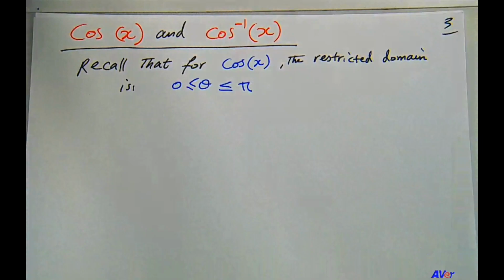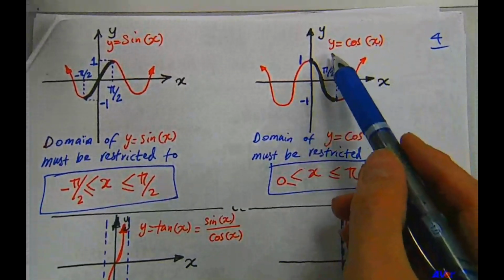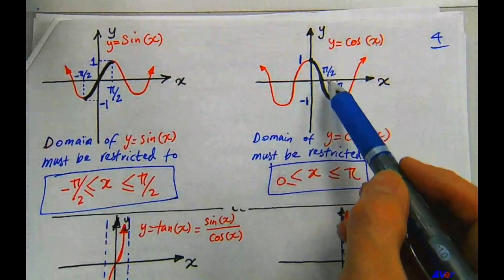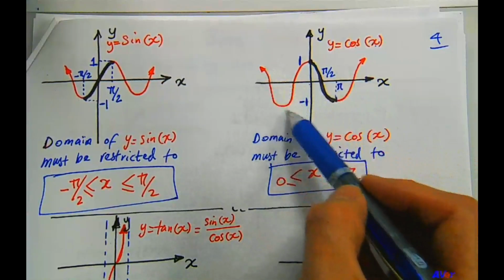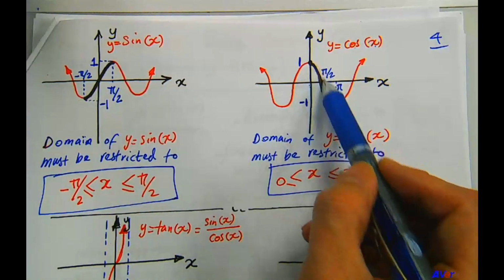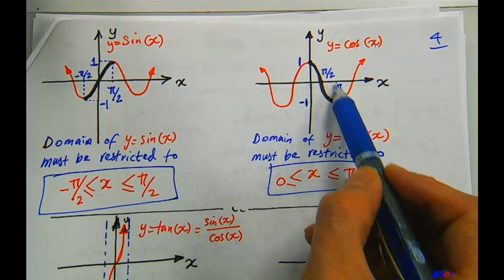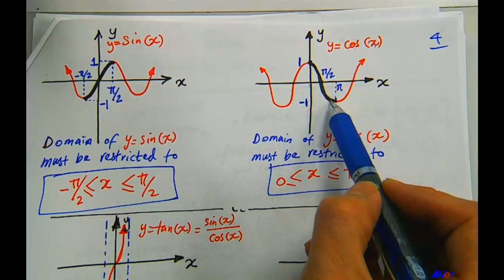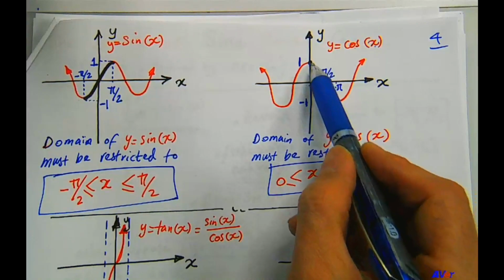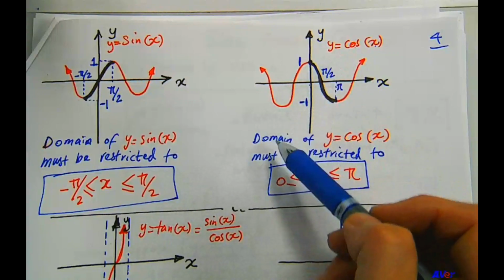And I can bring back that slide from our discussion in section 5.5. This is the cosine function. As you can see in its original form, it has no inverse, so we had to restrict the domain to 0 to pi, which is where that line begins and ends, in order for the cosine function to have an inverse.